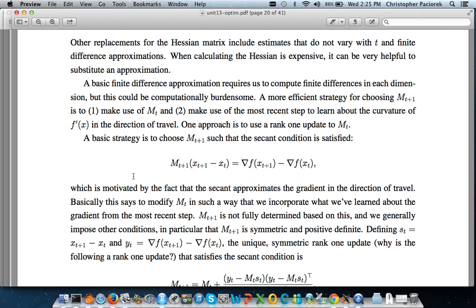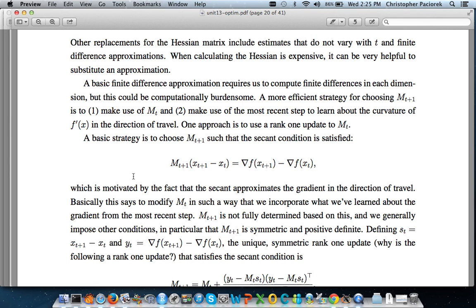And so there's something called the secant condition, which says that if I've calculated the gradients for xt plus 1 and the gradient at xt, if I can satisfy this equation, this is a matrix, this is a vector, this is a vector. So I can't really take this vector and divide it by this vector and get a matrix. That doesn't really make sense. It's not the right dimensionality. But if I roughly think about doing that in a very vague sense, what do I have?